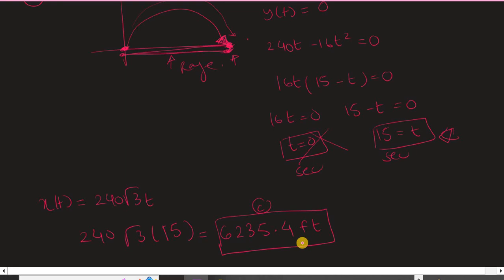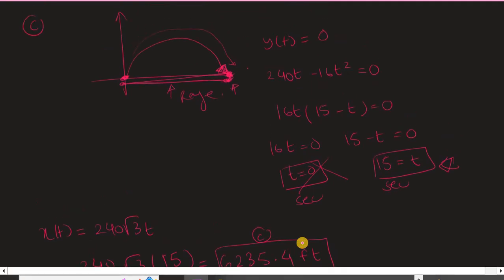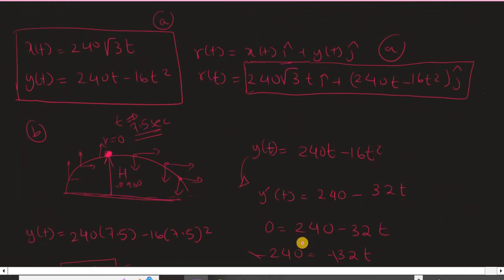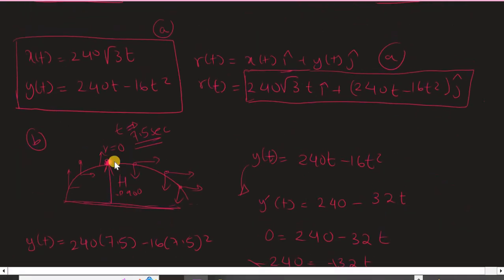And by the way, this is 15 seconds because, remember in part B, when we were calculating the maximum height, we got the time from the start to the middle of the trajectory, the maximum height. So the time was 7.5, and if you want the time of the total trajectory until it hit the ground, it would be twice this, because this is half.